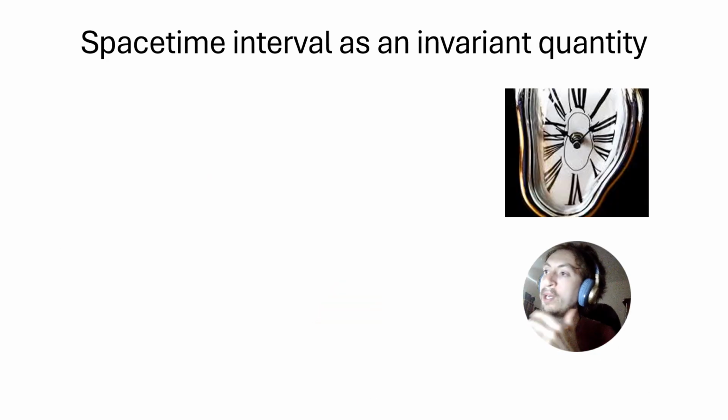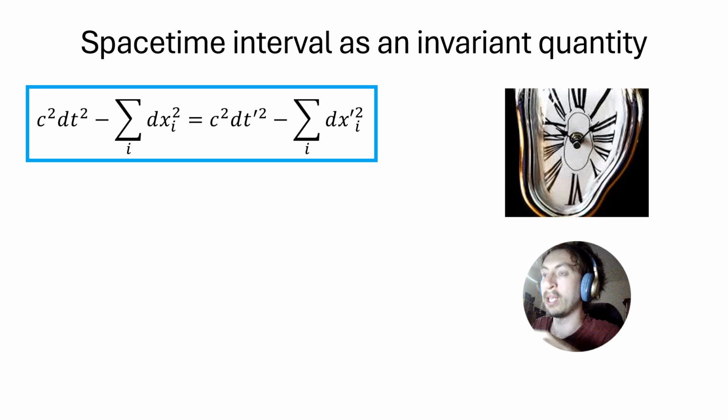Right, so we've talked a little bit about the space-time interval. Let's now talk about it more explicitly. Before, we considered the alien in this train, where this train was moving along the x-axis. But say we have some much more complicated motion and the train is moving along the x, y, and z axes.